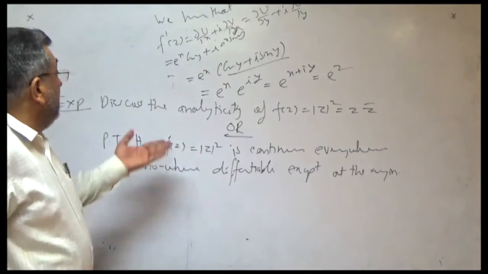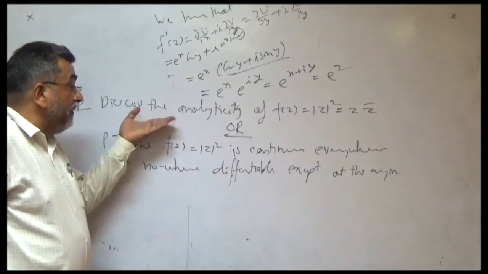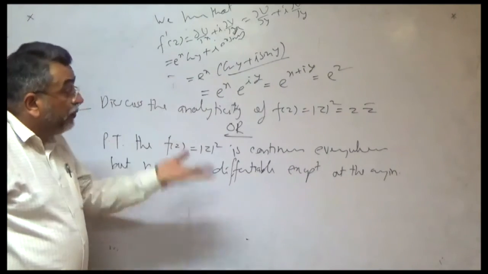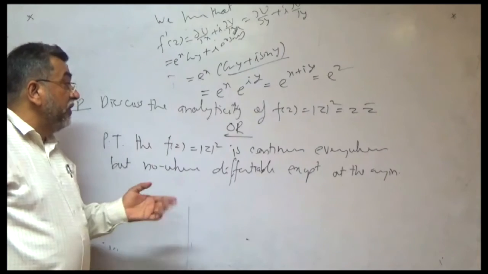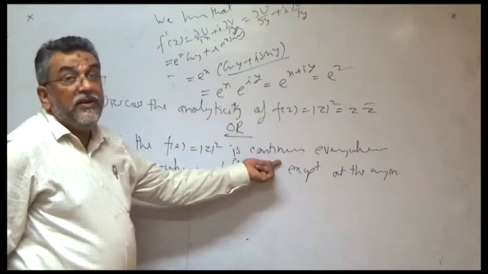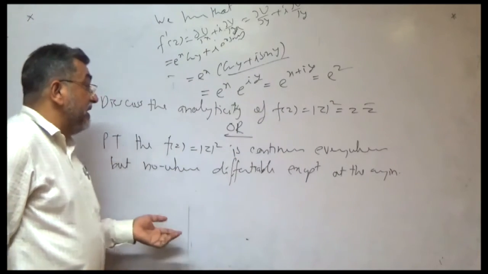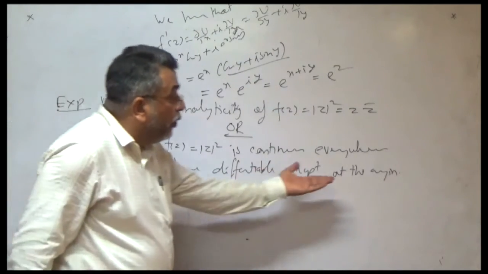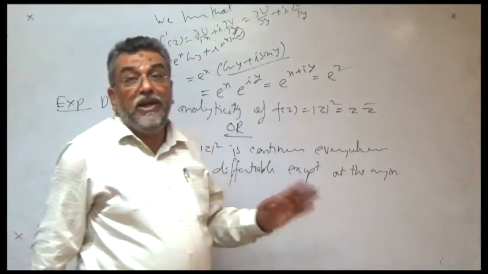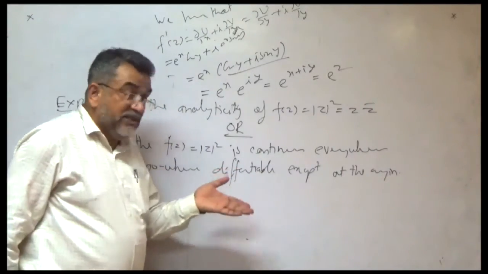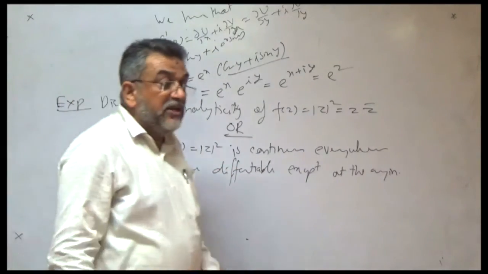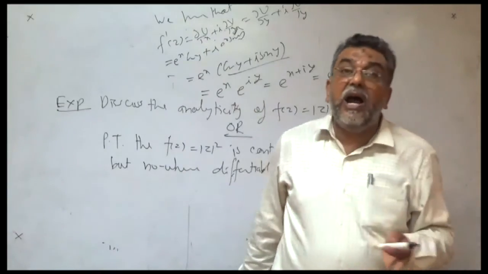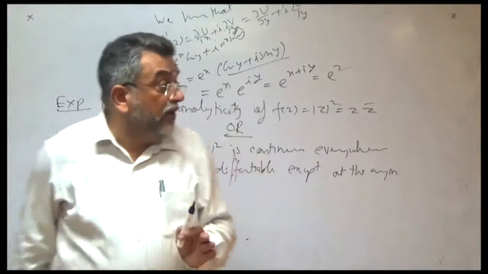Means in deciding the analyticity of this function, we have to prove two things. One, the function is continuous everywhere. Second, the function is differentiable at the origin only, which means the function is analytic at the origin only.